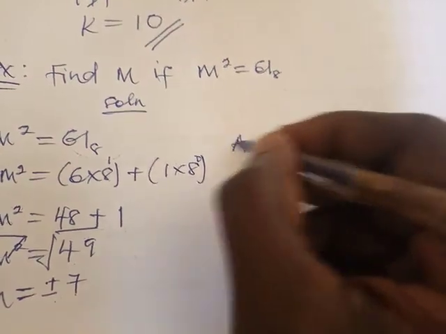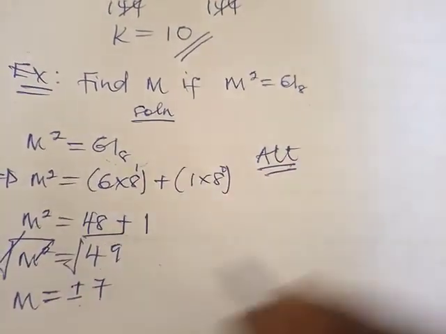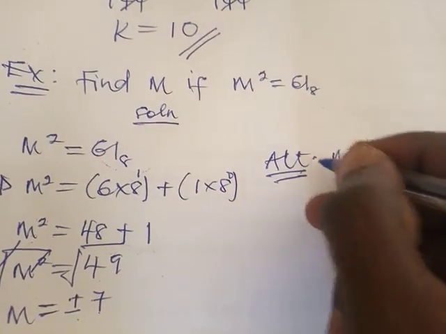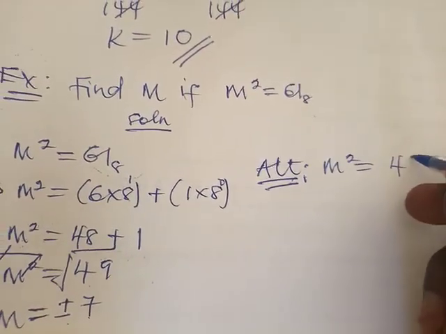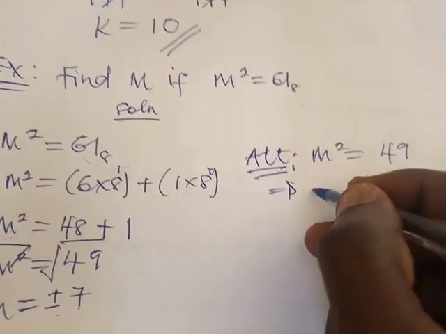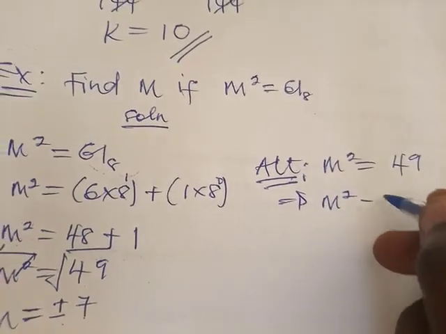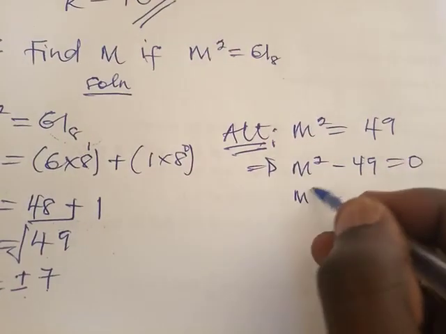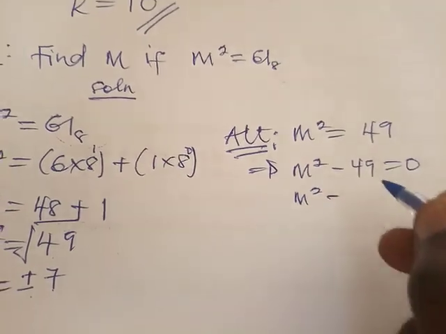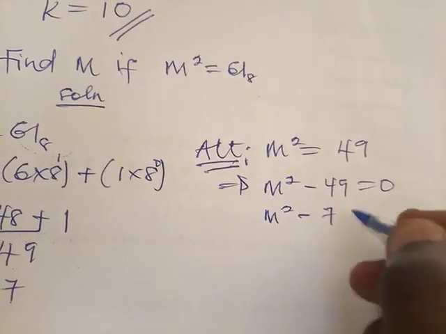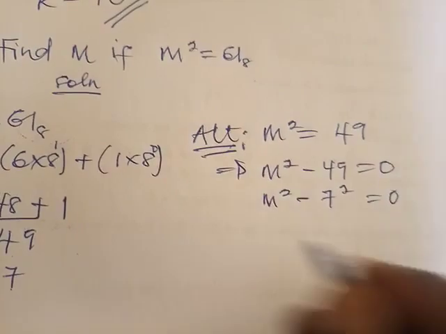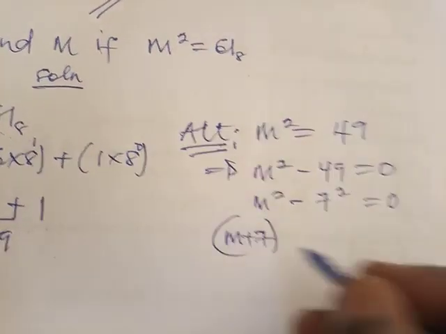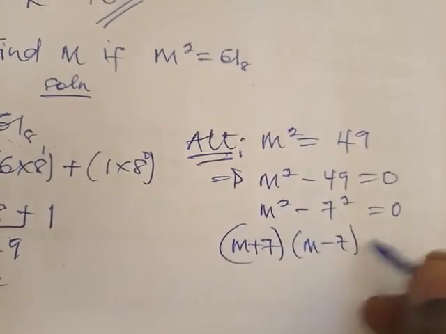Or alternatively, when you arrive at m squared is equal to 49, you can also treat it this way. From here you see that m squared minus 49 can be expressed as m squared minus 7 squared, and you apply difference of two squares. That's m plus 7 and m minus 7.